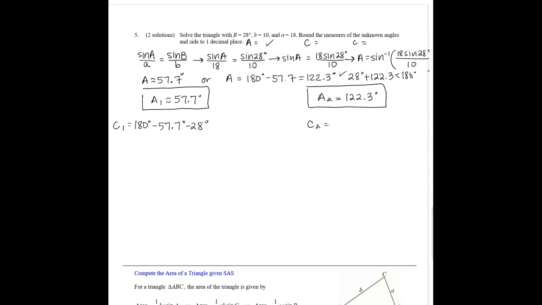Which leaves us with 94.3 degrees for the first option of C. We'll do the same thing on the other side to find the second option for C. But this time, we're going to make sure and subtract the 122.3 degrees. And now we have both options for what capital C could be.